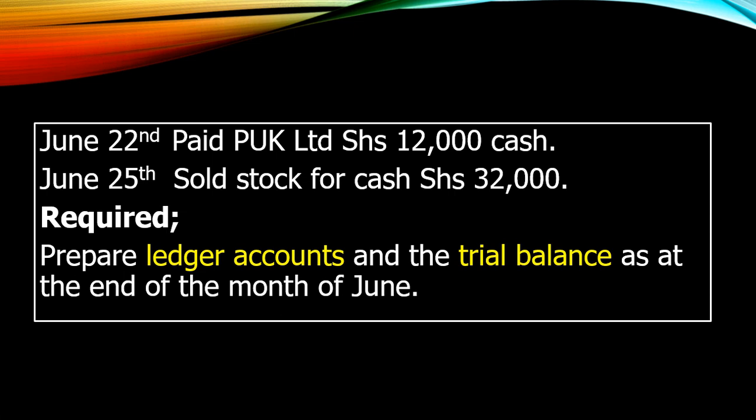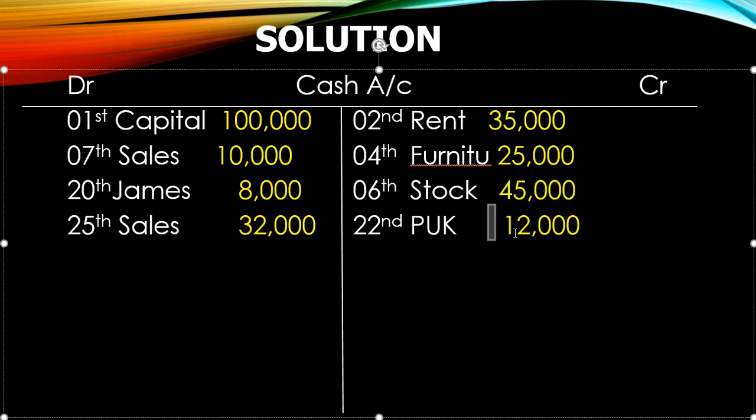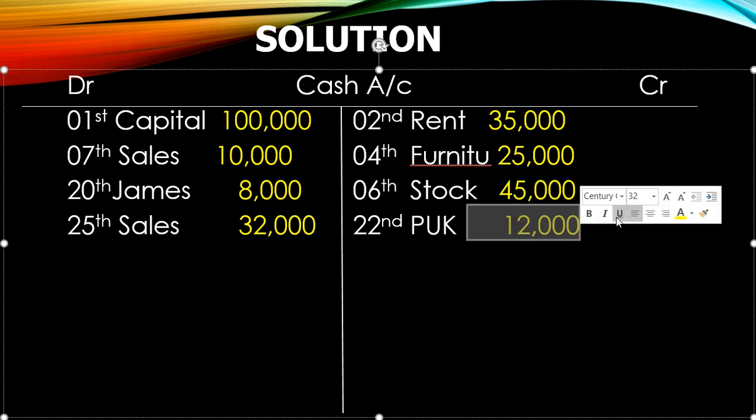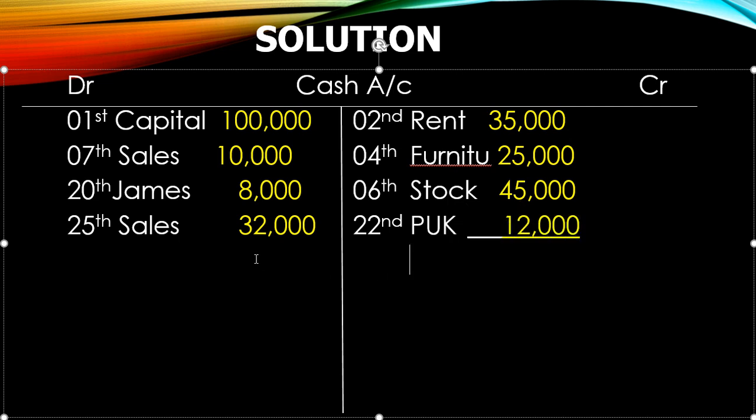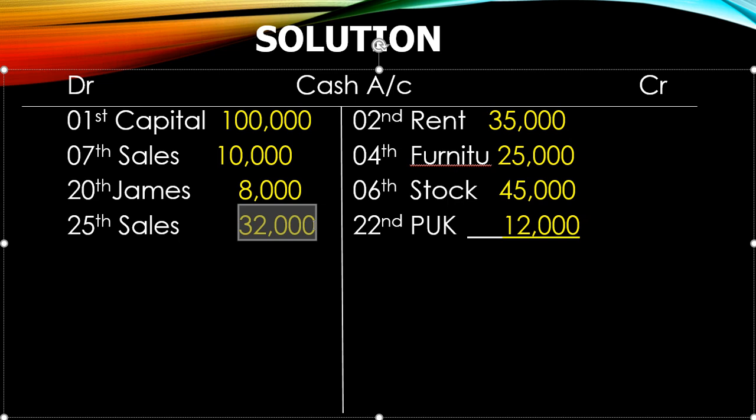Now, after preparing these ledger accounts, we have a task of balancing them. Balance here, but also balance here. So I would advise that you leave some gap here and then put the lines after leaving some gaps.